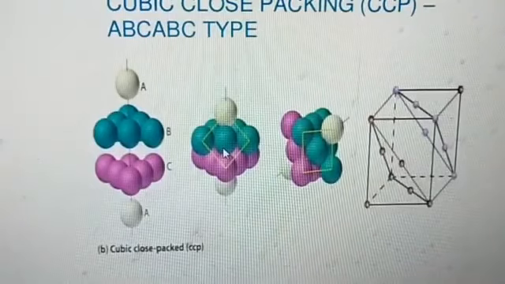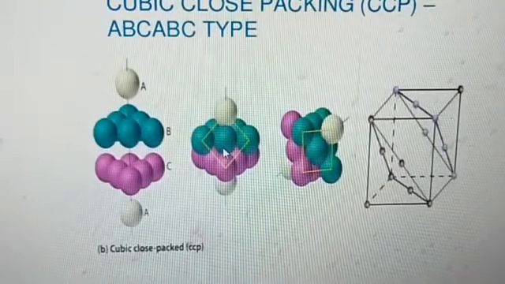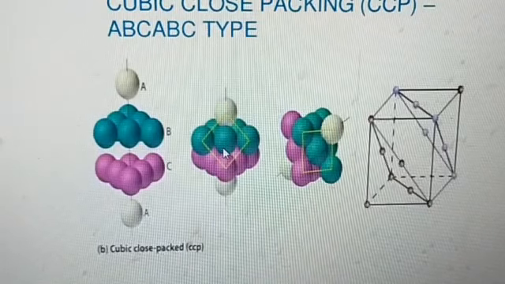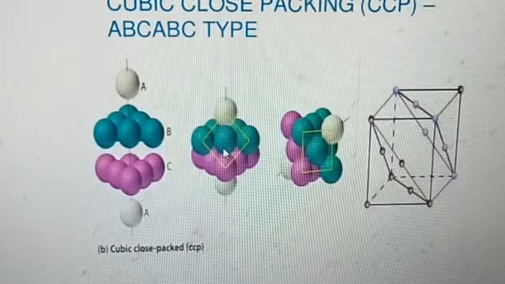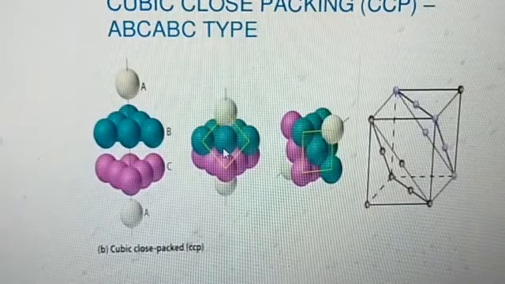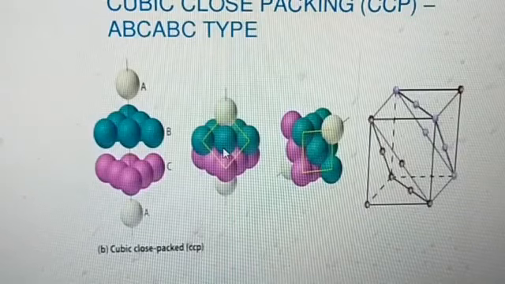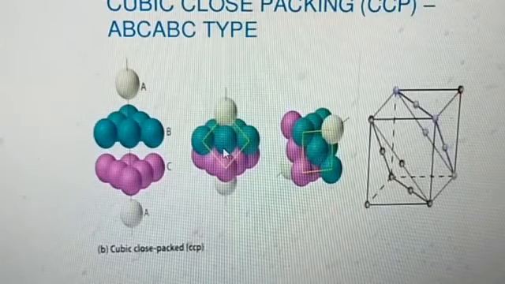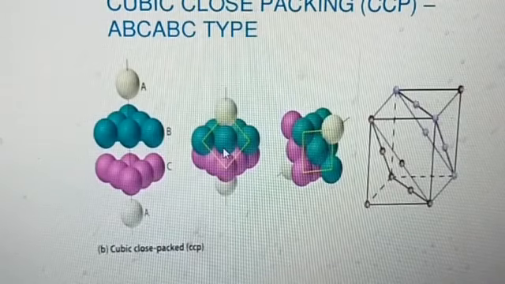So this is the arrangement of close packing in three dimensions: placing the second layer over the first layer and the third layer over the second layer. I explained two cases: covering tetrahedral voids gives the AB type of arrangement, and covering the octahedral voids gives the ABC type of arrangement.